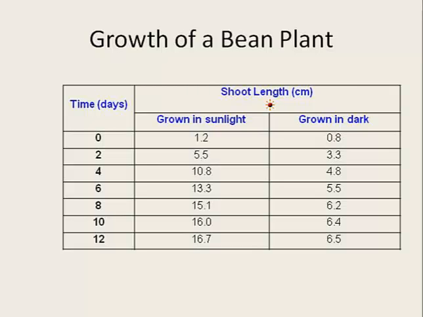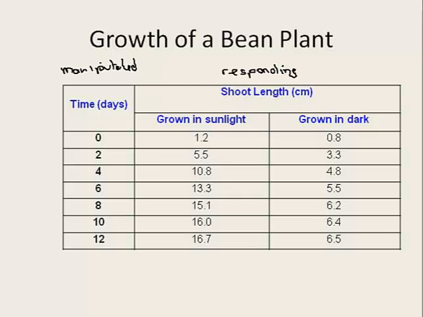Okay, so looking at the data table, the first column is always your manipulated variable. And the second column is always your responding variable. And you can see we have one responding variable here, which is our shoot length.